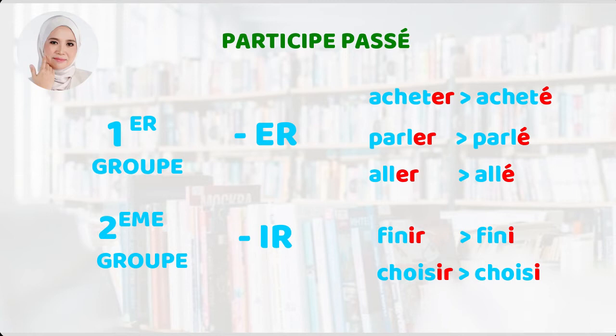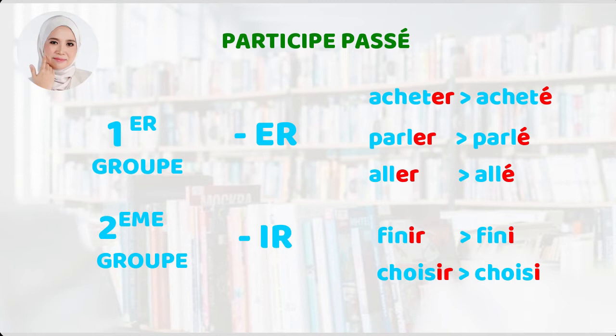So you have acheter becomes acheté, parler becomes parlé, aller becomes allé. Please notice the verbs are spelled differently, but the pronunciation stays the same. Acheter, acheté, parler, parlé, aller, allé. Acheter means to buy, parler to speak, aller to go.